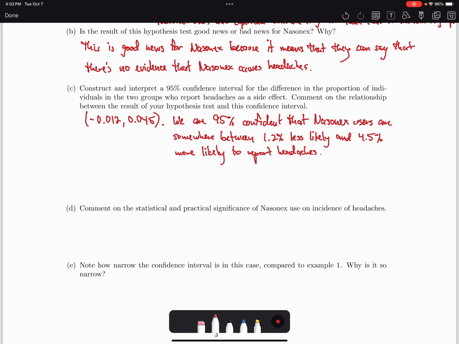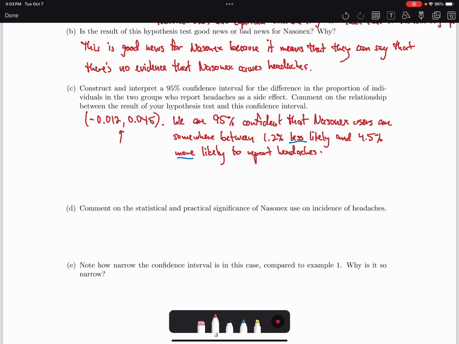Okay, so we're 95% confident that Nasonex users are somewhere between 1.2% less likely and 4.5% more likely to report headache as a side effect. Okay. So commenting on the relationship between our confidence interval and the results of our hypothesis test, notice that this time zero is in this interval, right?